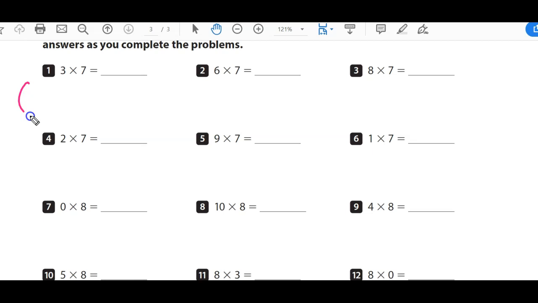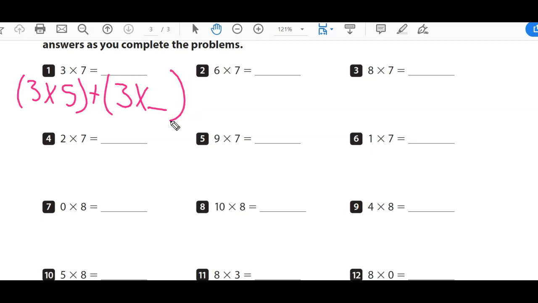To solve, I could use equal groups. 3 groups with 7 each, right? Then add them together. I could do that. Could I break it apart? Yes. I could break it apart. I'm going to break apart 7. Well, you know what? I'm going to use 5 and 2.